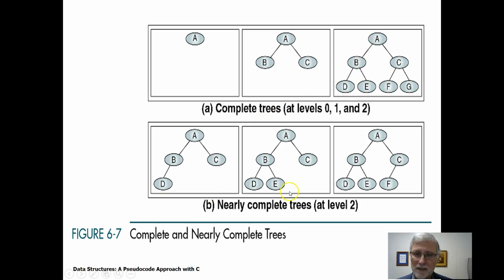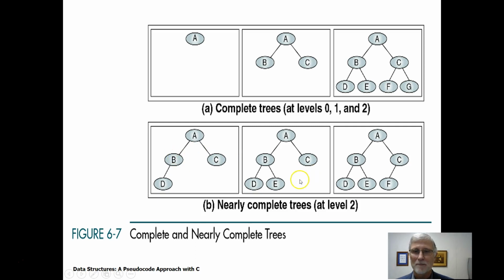Now, nearly complete, here, binary tree again, only 2 nodes, but you can tell that underneath B and underneath C, not everything is filled out. So what you want to do is to show that something is a complete tree, you're looking at the lowest level and making sure that all the leaves exist.